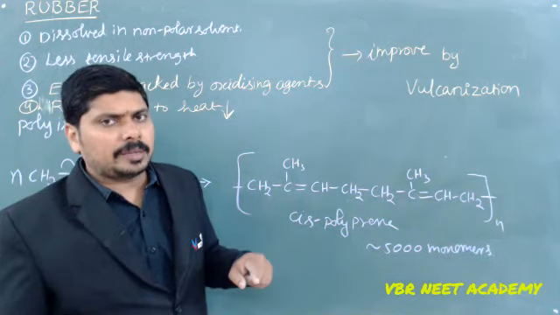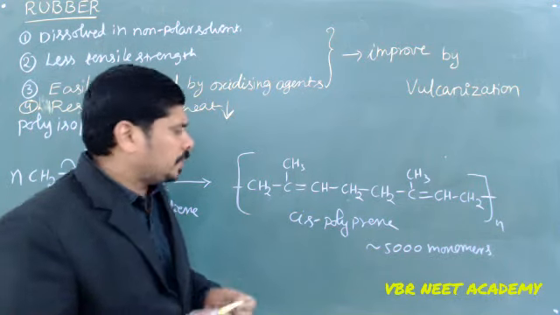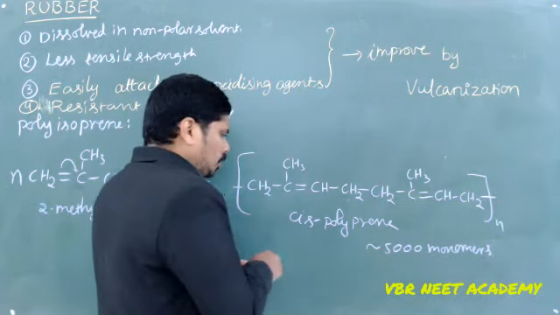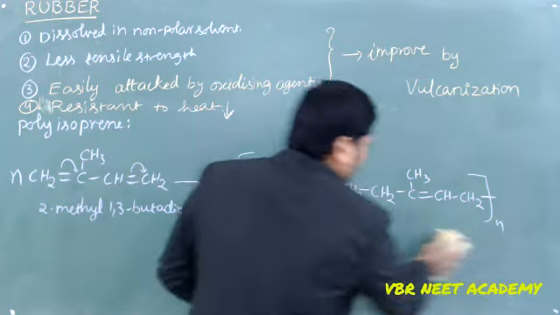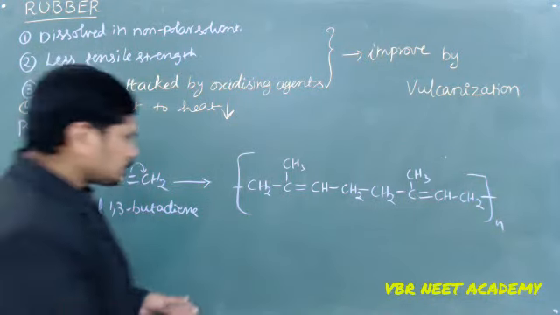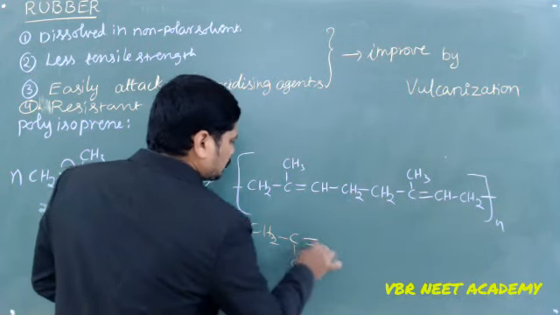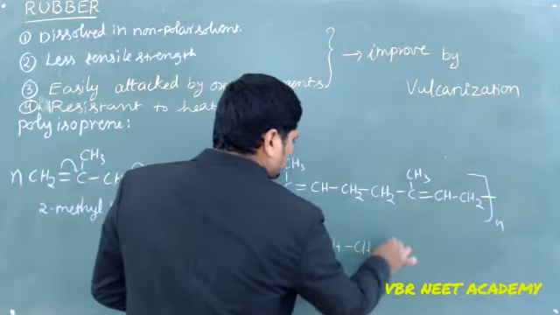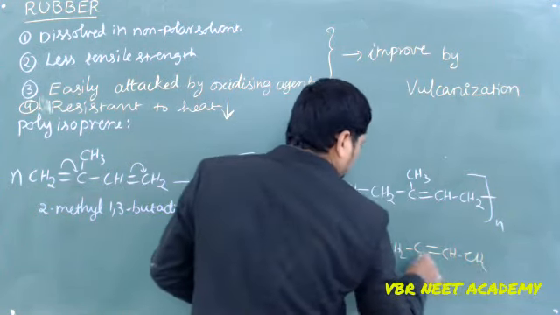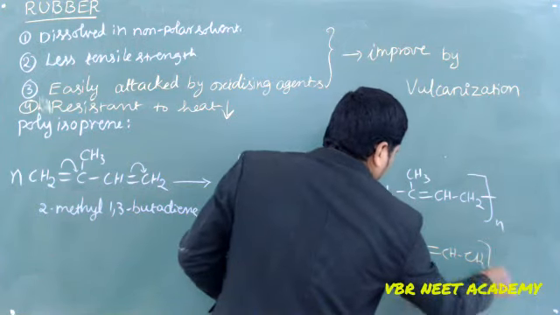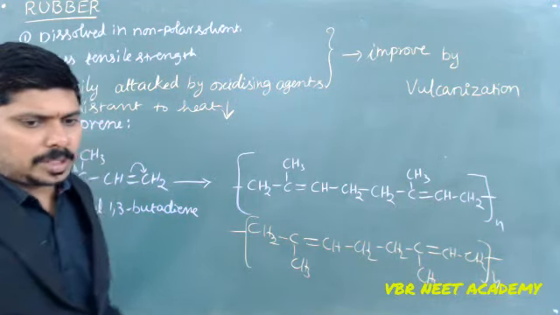How is the vulcanization happening? The sulfur is going to make disulfide bridges between, say for example, I am having one more natural rubber. So this is one more natural rubber.